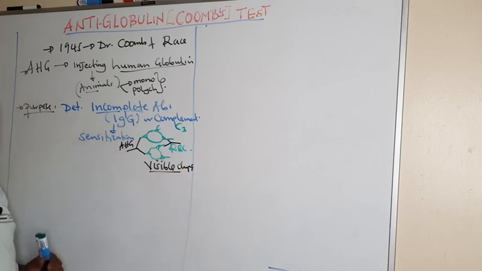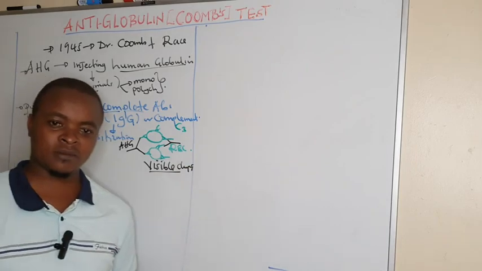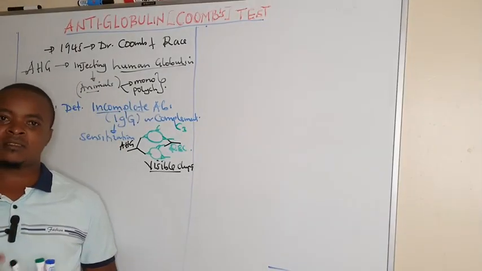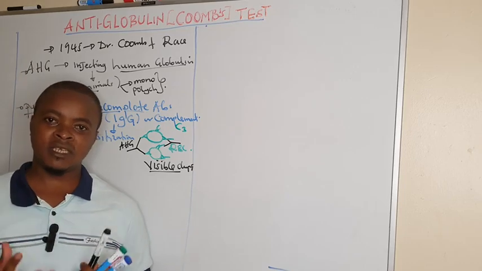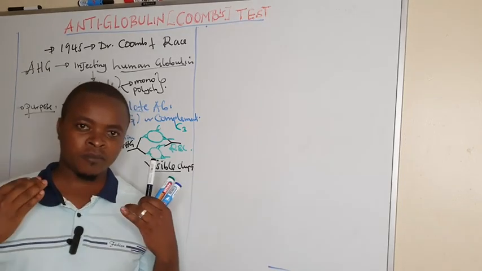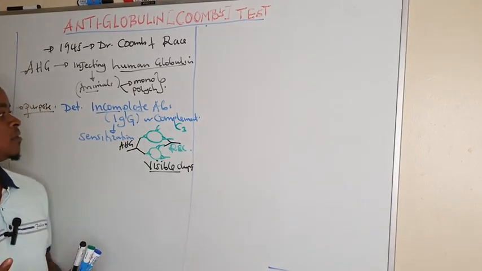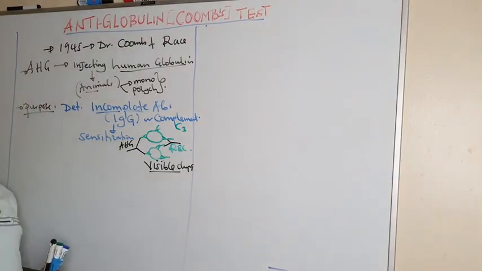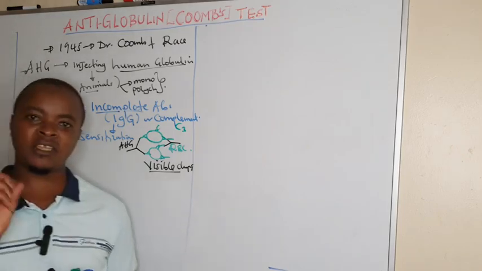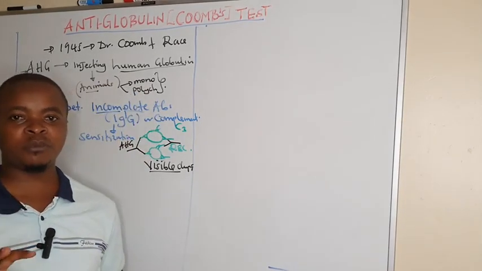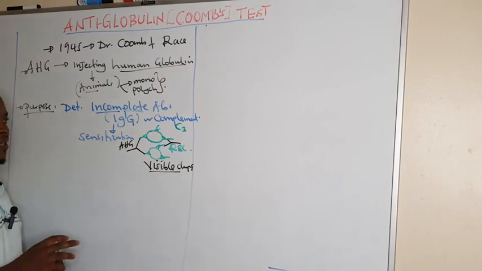This is the purpose of Coombs reagent. Hope you understand it. It is used to detect or diagnose the presence of incomplete antibodies, especially IgG type, or the complement within the body.